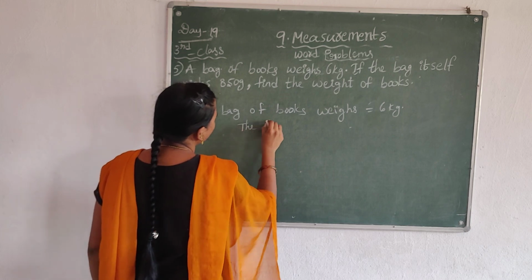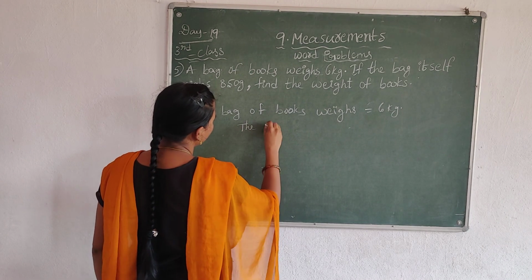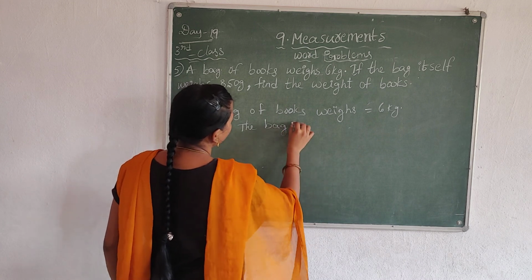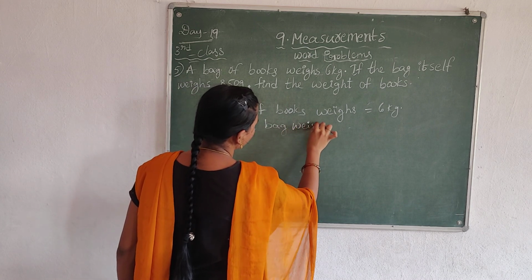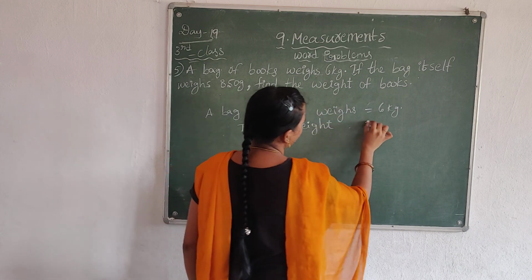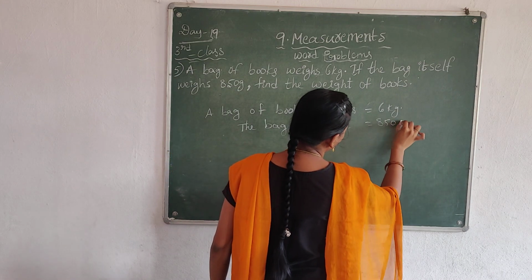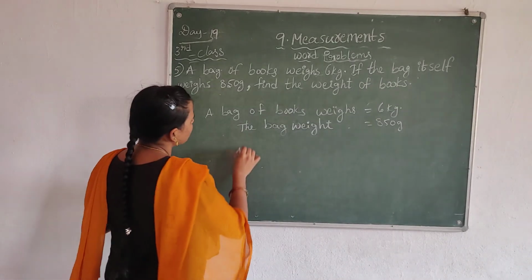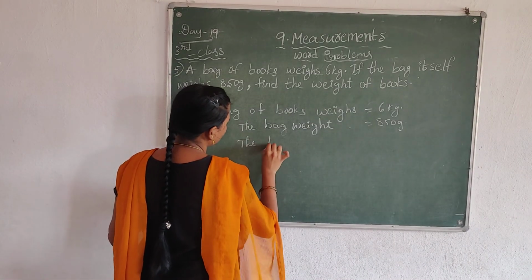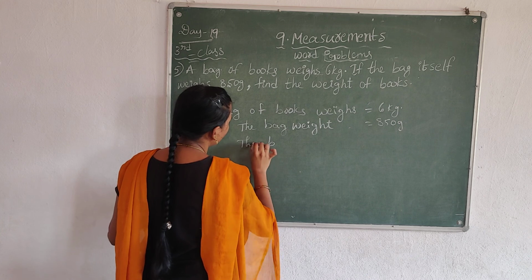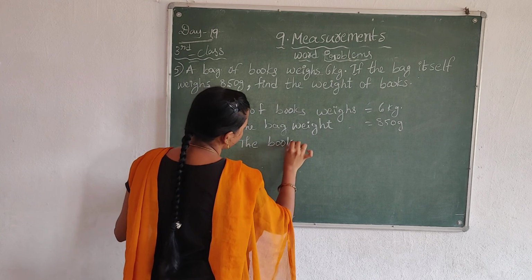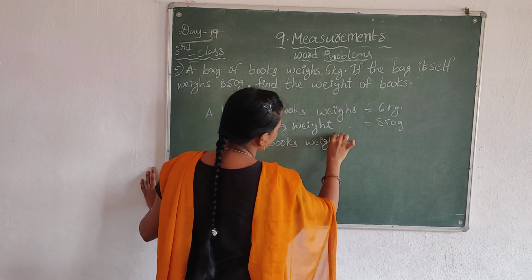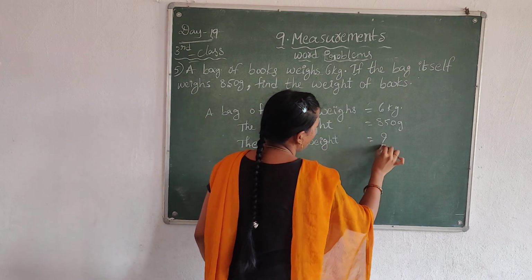The bag weight is equal to 850 grams. Find the weight of the books. The books' weight equals how much?